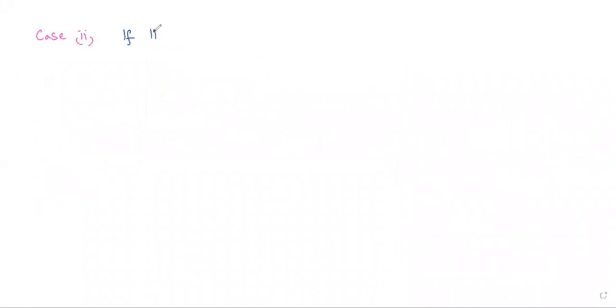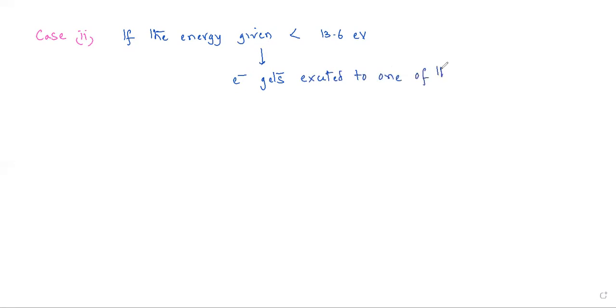If the energy supplied is less than 13.6 electron volts, then electrons get excited to one of the higher energy levels.